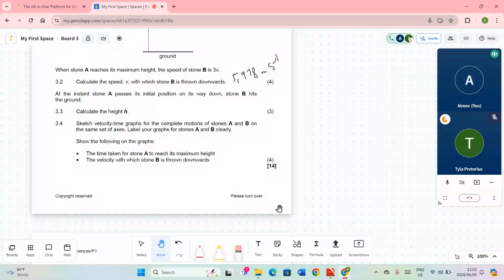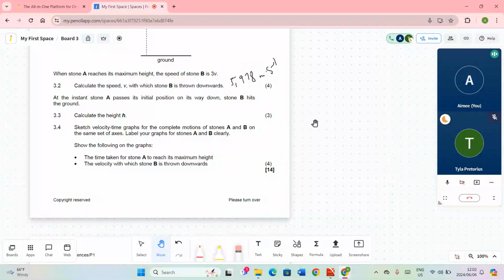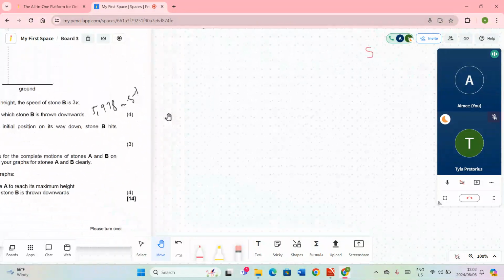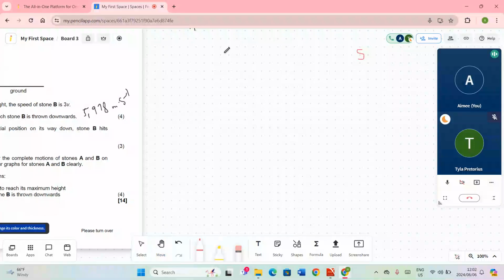The first thing you have to do to answer this question is choose a direction as positive. There's no right one to choose because one of the stones is moving up and one of them is moving down, so it doesn't really matter. I'm going to go with convention and say that up is positive.